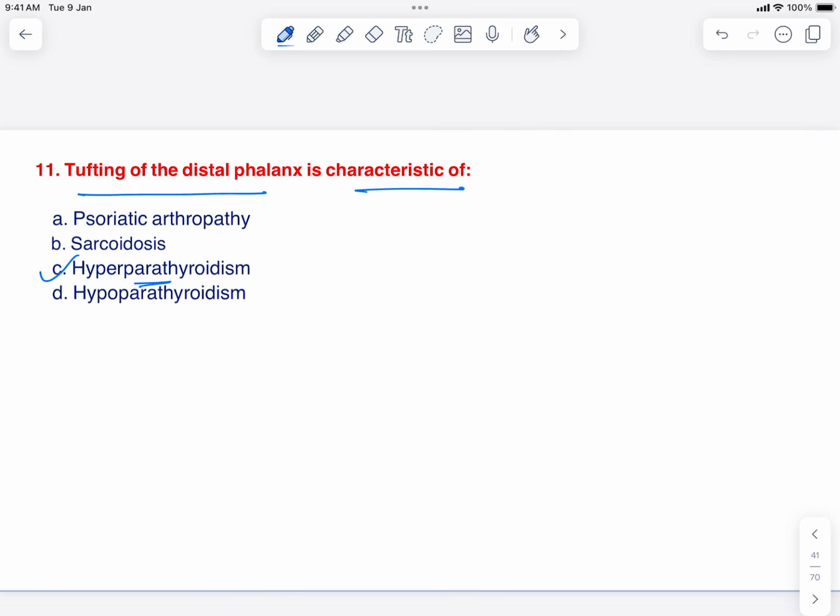Tufting of the terminal phalanges is observed in hyperparathyroidism, in acromegaly, and also in gigantism. Okay, so these are the conditions where you have tufting of the terminal phalanges. All right, next question.